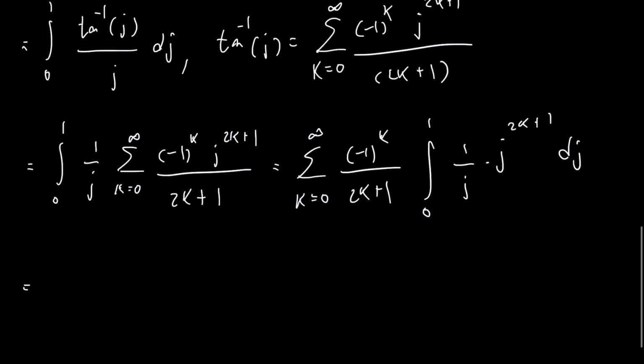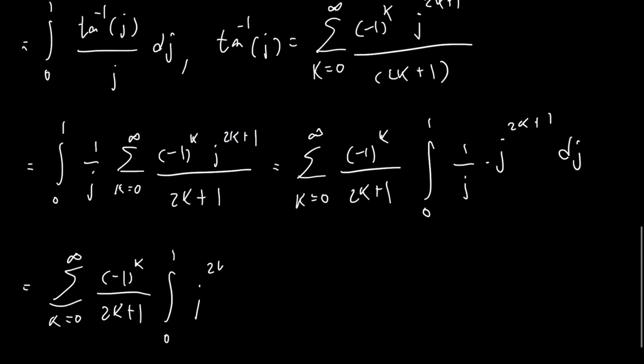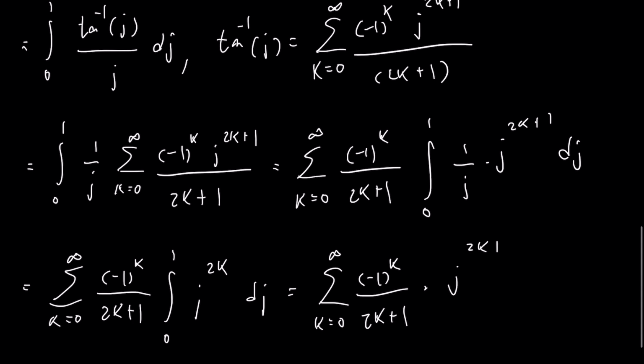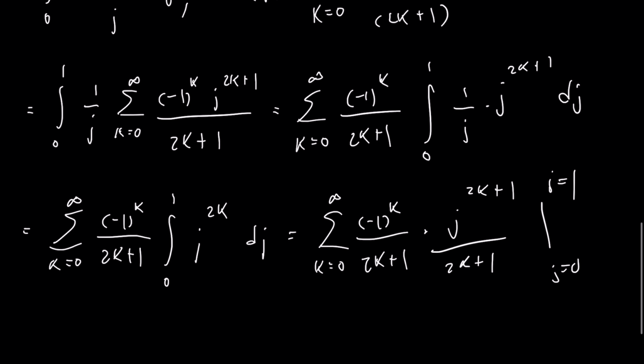But it simplifies into the sum from 0 to infinity of negative 1 to the k over 2k plus 1, times the integral from 0 to 1 of j to the 2k dj, which is equal to the sum from 0 to infinity of negative 1 to the k over 2k plus 1 times j to the 2k plus 1 over 2k plus 1, from j equals 0 to j equals 1.